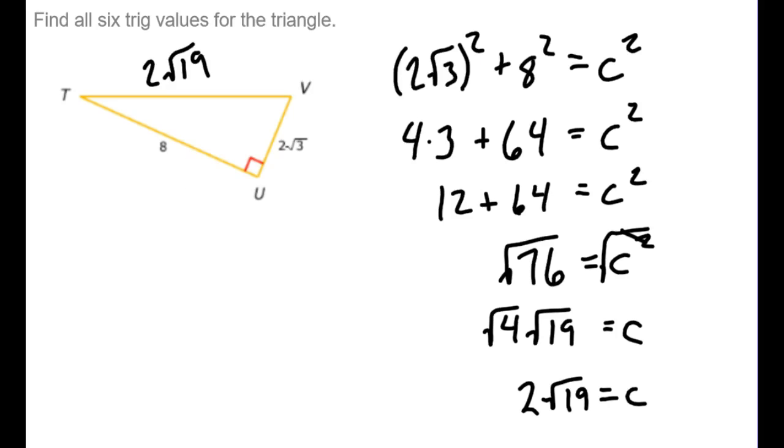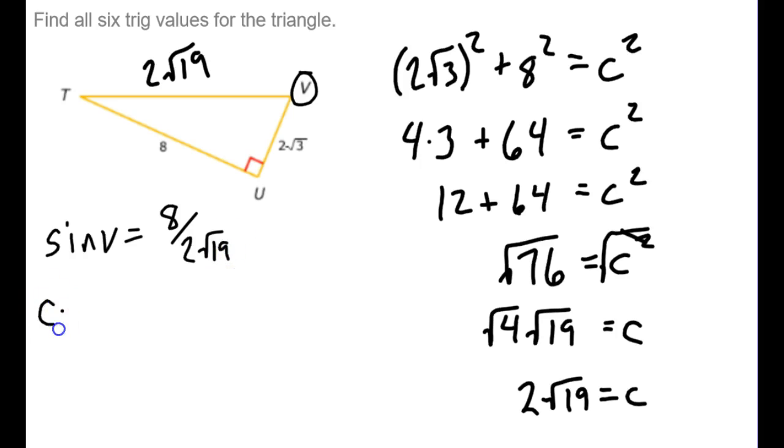We can go through, find the sine, cosine, tangent, and then the cosecant, secant, and cotangent. In this problem, let's work with angle V, switch up what we did the last time. So if we're looking for the sine of V, that's equal to the opposite over the hypotenuse. The opposite side to V is 8. So this is 8 over 2 radical 19.